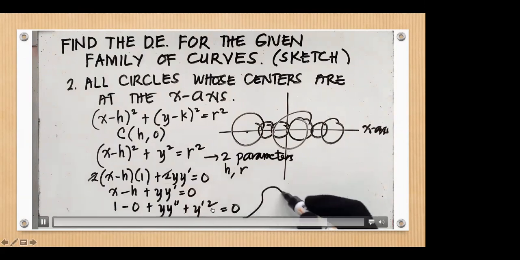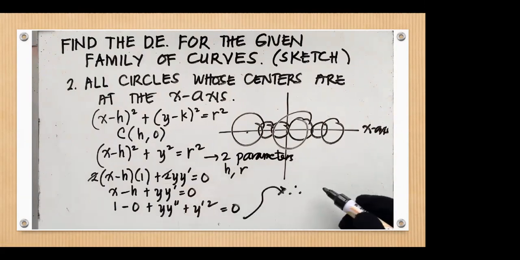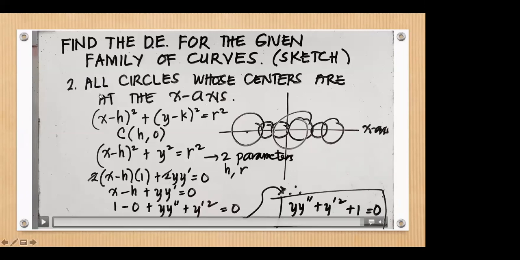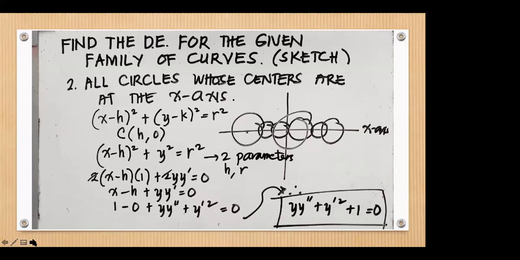You just have to arrange your equation. So y y double prime plus y prime squared plus 1 is equal to 0. So this is now our differential equation for all circles whose centers are at the x-axis. Okay?